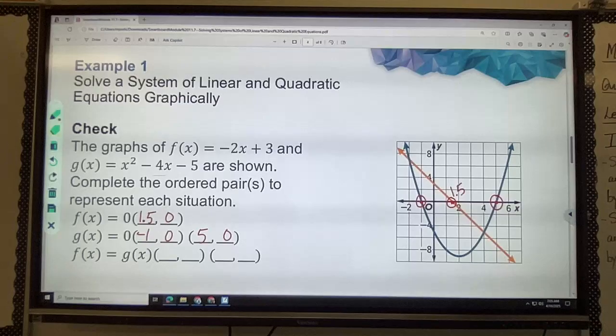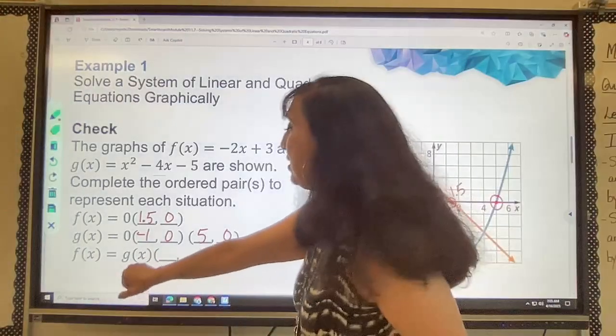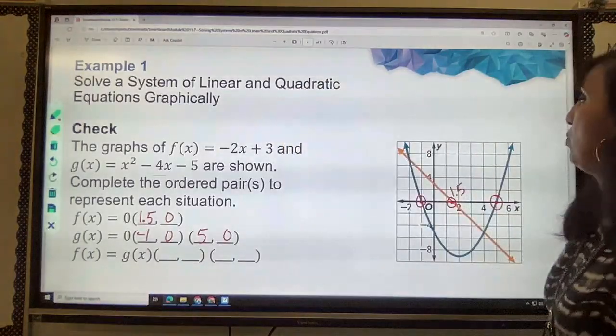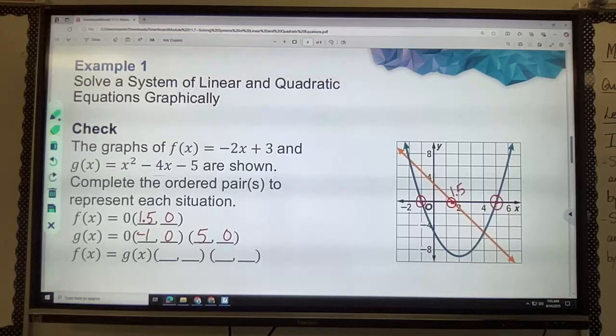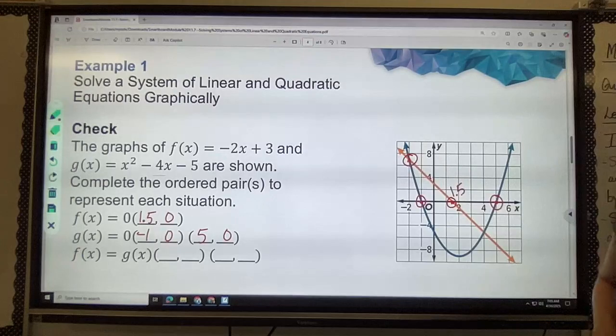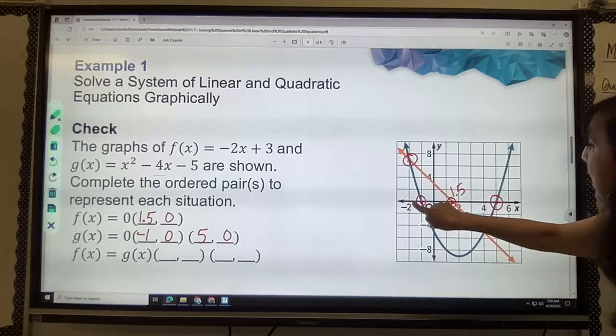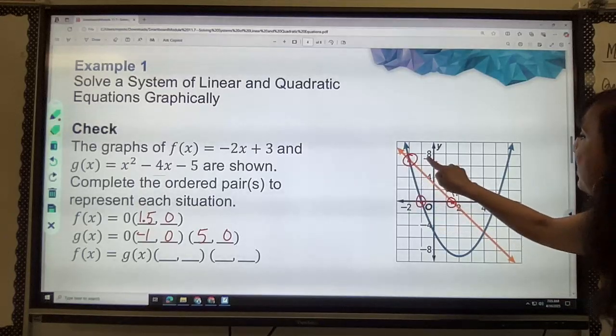Now let's look at what is the solution to this one. And that is f of x is equal to g of x. And solution means where is the graph intersecting, the two equations intersecting each other. So I have one which is here. So this is my solution. And this is going to give me -2, and in the middle this would be 7.